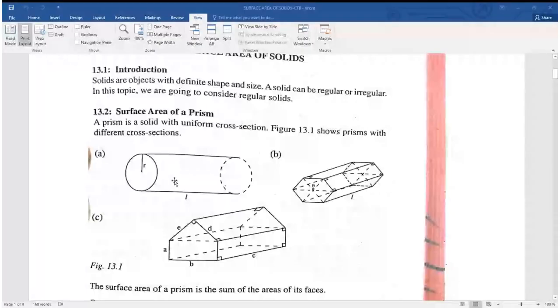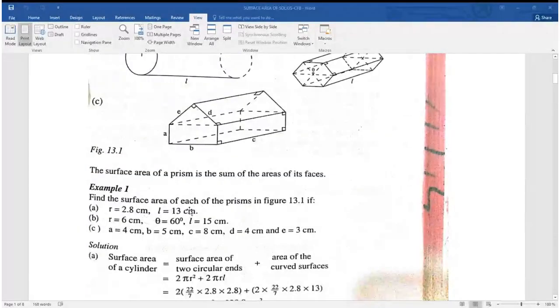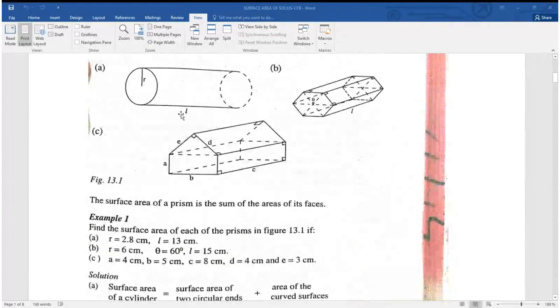Like in this case that you can see here, you are given the radius and then the length, because it is lying down. If it was standing up, you could have been given the height. So where we have the height in the formula, we just replace it with L.